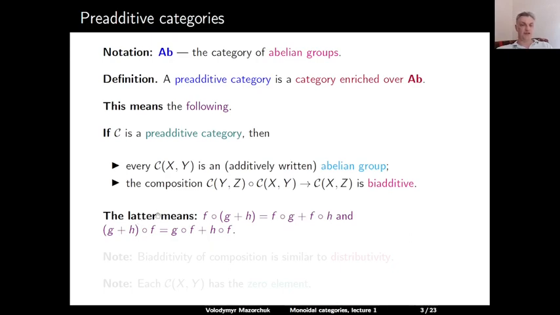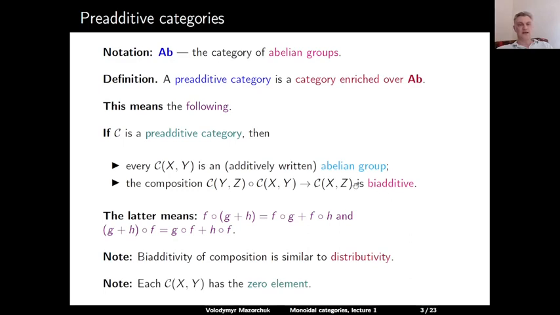And similarly for the second argument, if we want to compose the sum of g plus h after f, this should be equal to the sum of the composition of g after f and the composition of h after f. We note that this requirement of biadditivity is very similar to the property of distributivity between the usual multiplication and the usual addition of numbers.